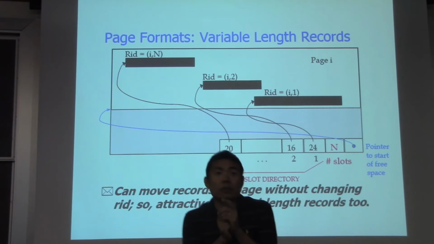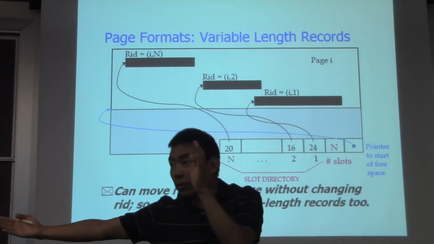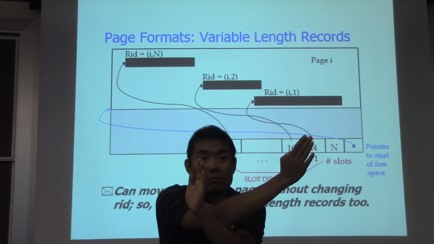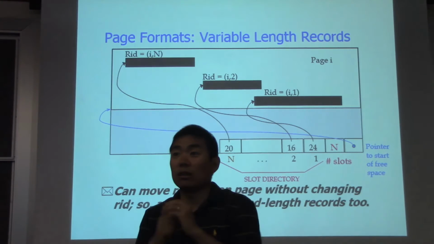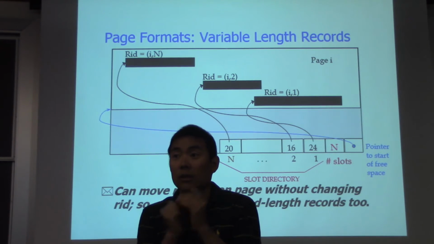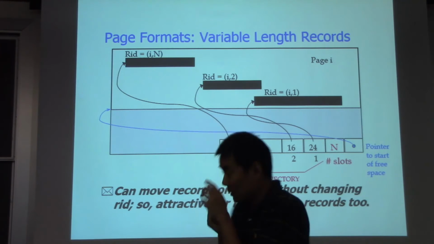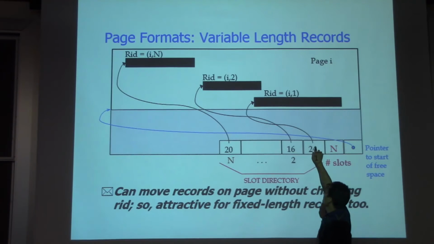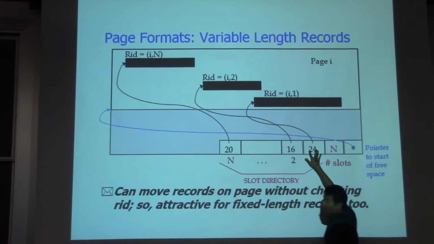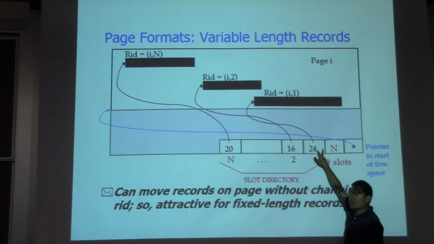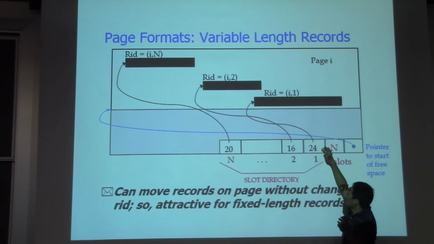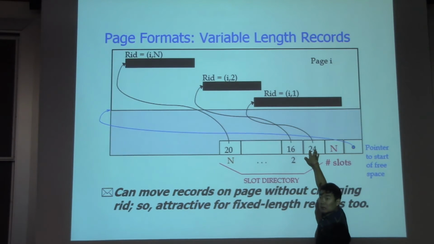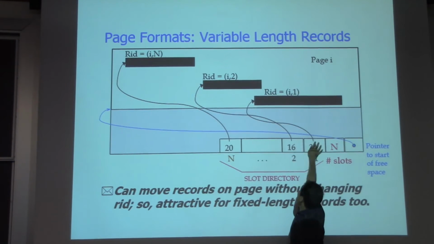And again, this offset, you can calculate either to the end of the page or to the beginning of the page, as long as you are consistent in what you mean by offset. Do you follow me? Let's look at one example. Slot 1 points to this record and value 24. What this merely means is that the length of this record is 24, and its offset is here, whatever this value is.